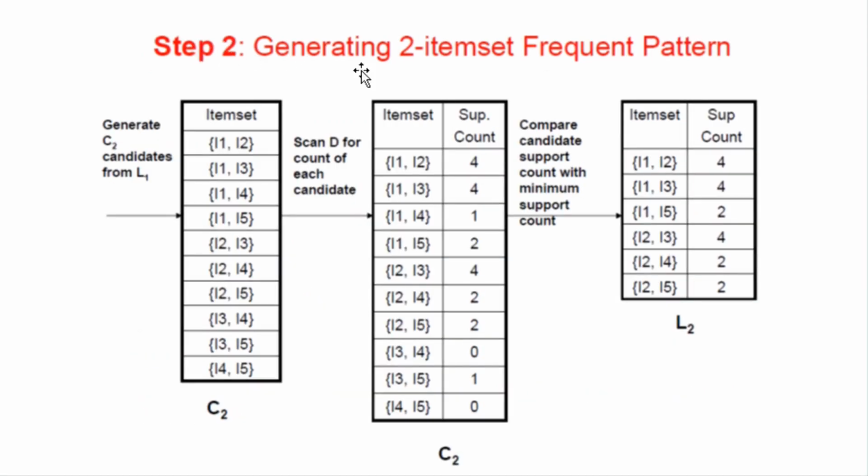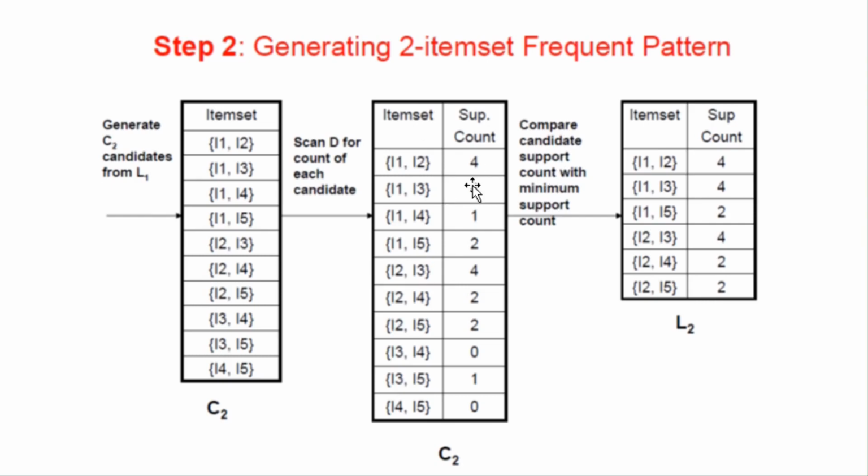So now in step 2, we are generating the 2 item set frequent pattern. Further, we have to generate C2 candidates from the list L1 that we obtained in the last slide. So from L1, we are preparing all the possible combinations of 2 item sets. After forming this data set, we will scan D for the count of each candidate, and it has been shown here in this particular diagram.